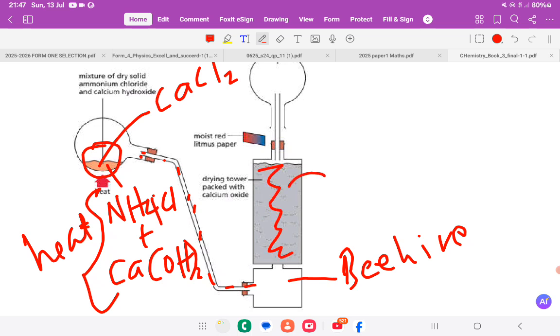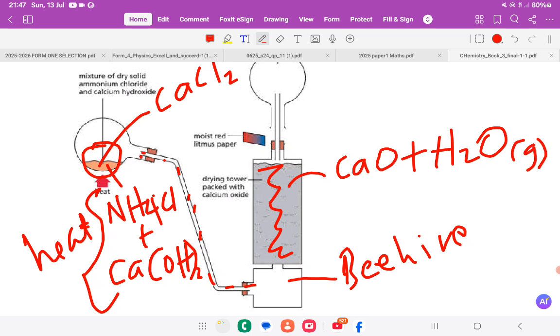This column is made up of calcium oxide. Calcium oxide has a tendency to remove water. So it will remove the water from the mixture of ammonia and the water. Remember, this is a water vapor.